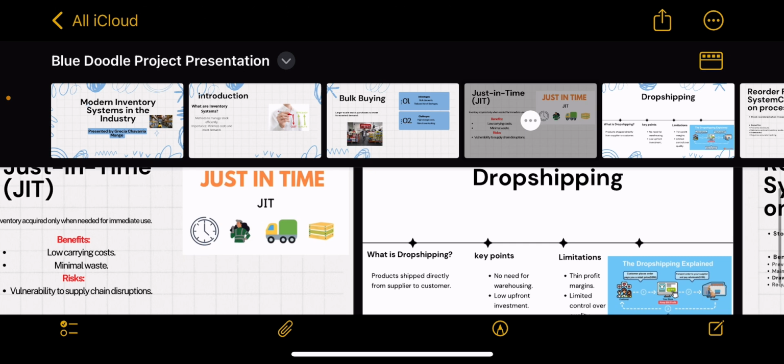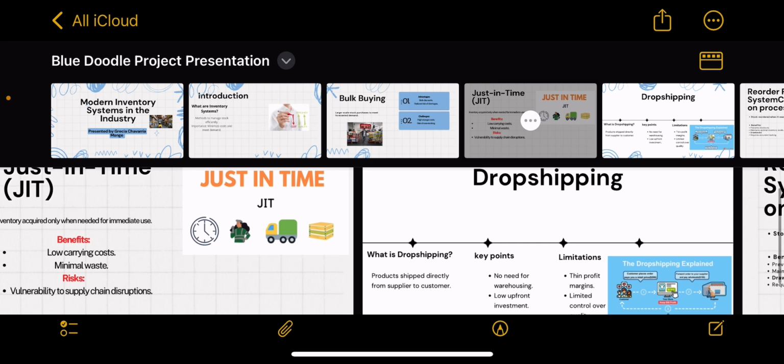We don't need a warehouse because the customer has a straight connection with the supplier, shipping immediately what you need at the right time.